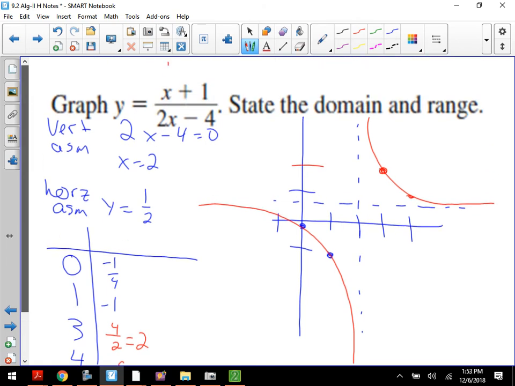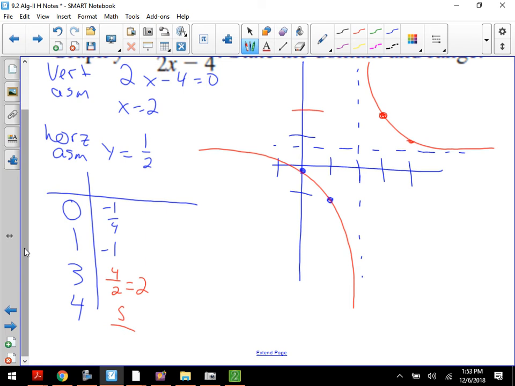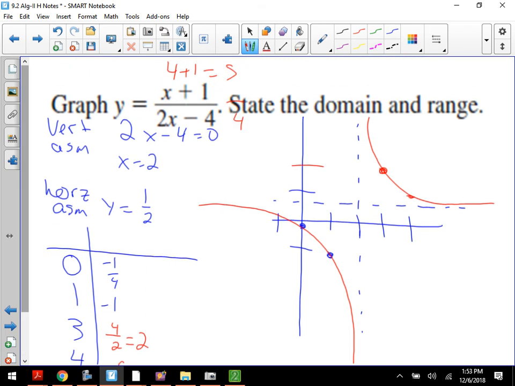If I use 4, 4 plus 1 is 5. 2 times 5 is 10. 10 minus 4 is 6. Oh, I used 5 instead of 4. I didn't even realize I did that. I'm sorry, guys. So this should have been 4. At least I plotted the right spot-ish.